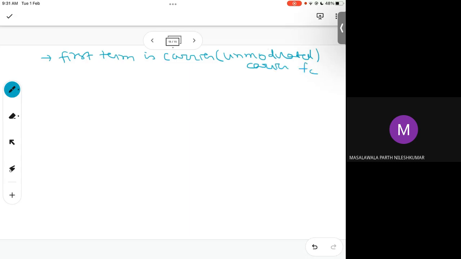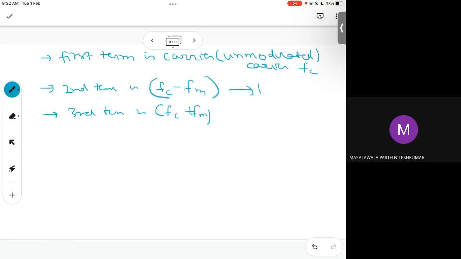Which is FC. Second term is FC minus FM. And third term is FC plus FM. So this is what we call the lower side frequency. And this we call the upper side frequency.